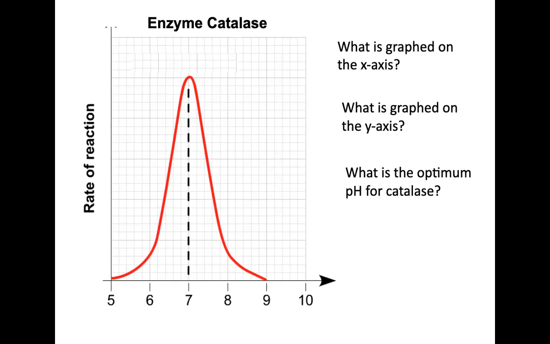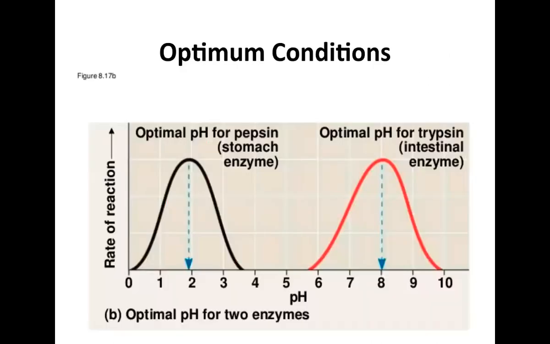All right. Are you sure? To the top, drop it down. All right. So here are just some other examples. So the optimal pH for pepsin, which is a stomach enzyme, would be what? Around 2. And then what about for trypsin, which is an intestinal enzyme? About 8.